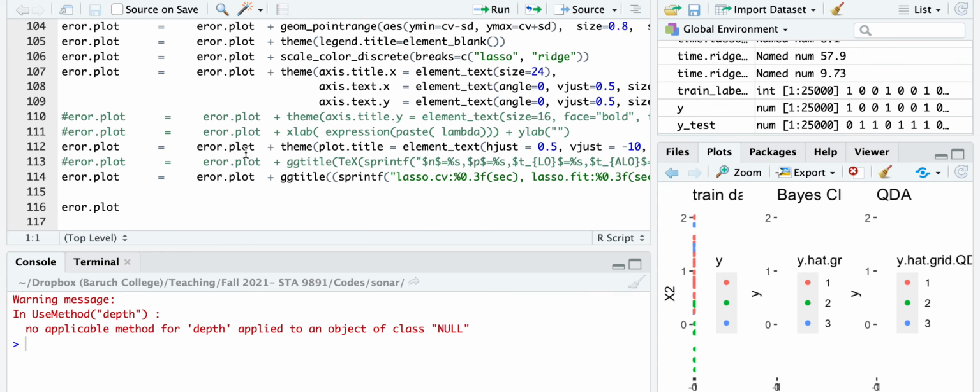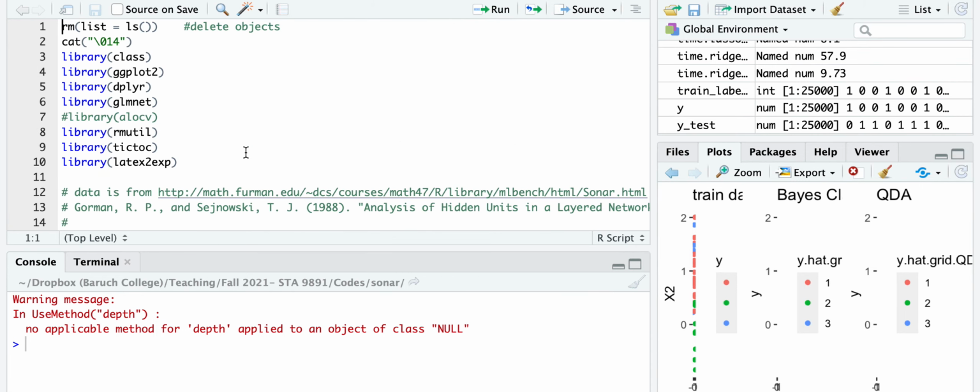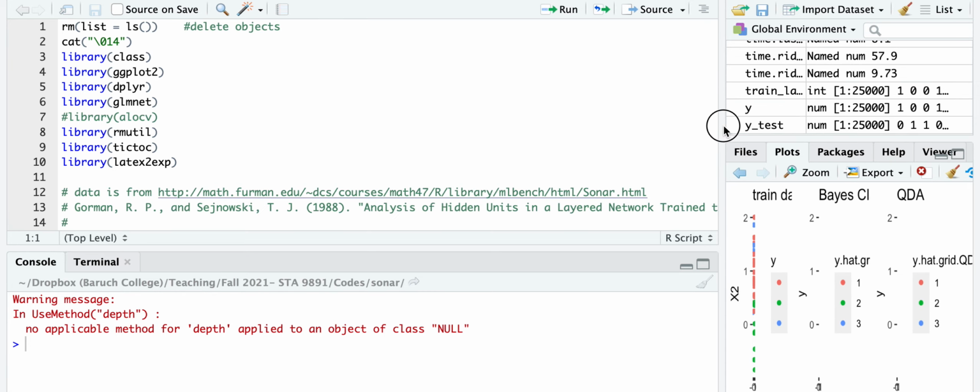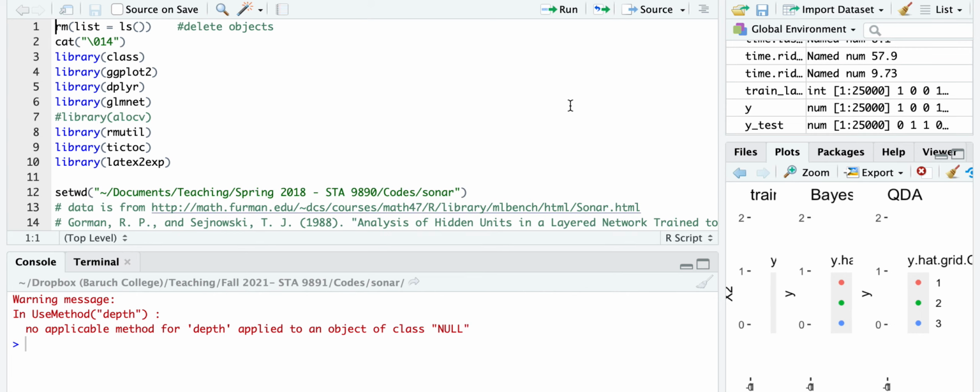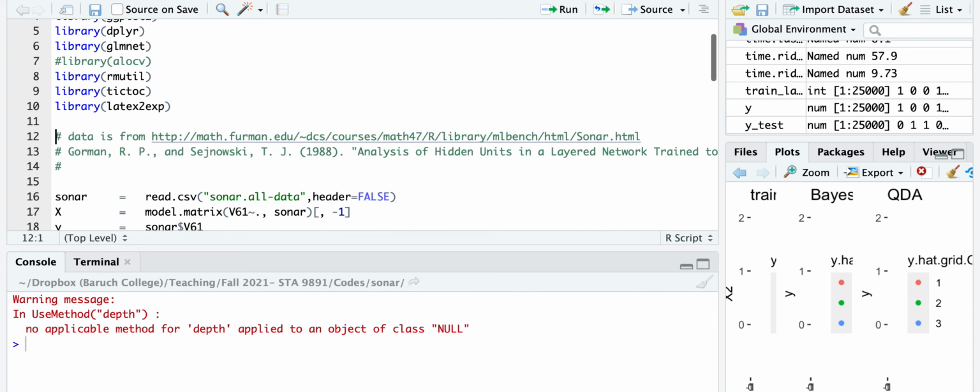Okay, so let's look at an example. This data you can take from this website.